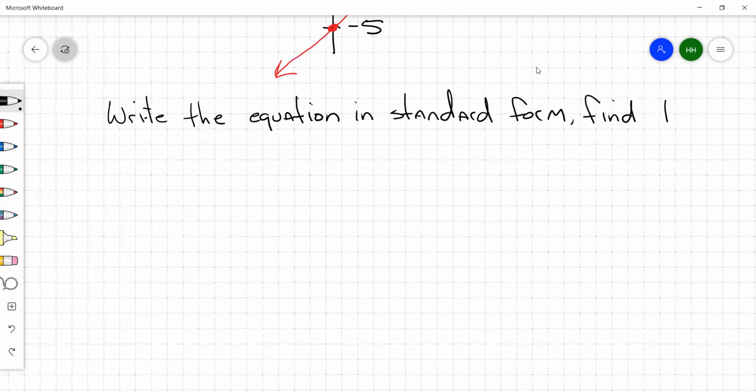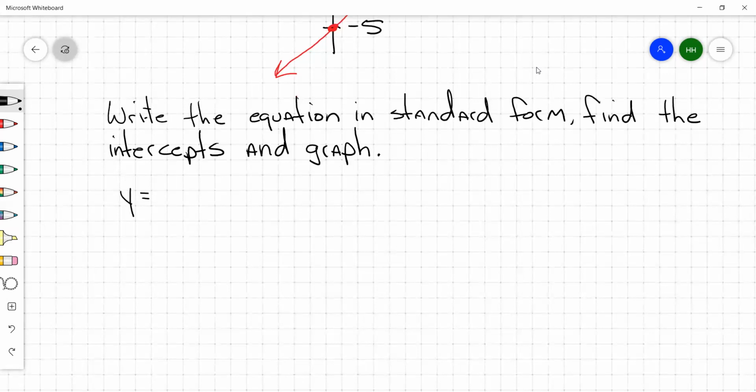Find the intercepts and graph. So let's take something like y equals negative 3/5 x plus 3.